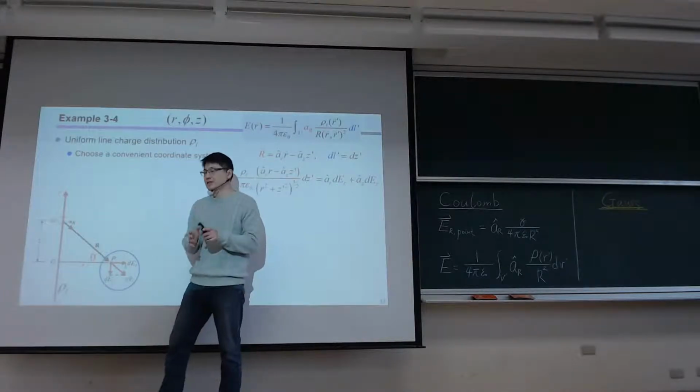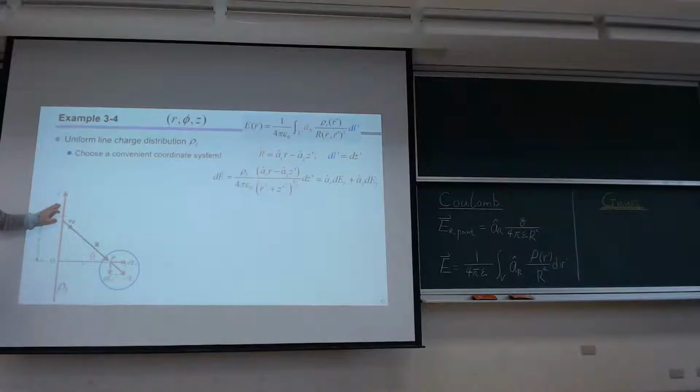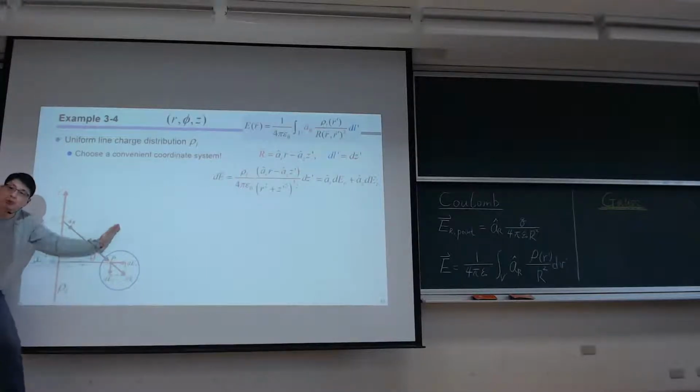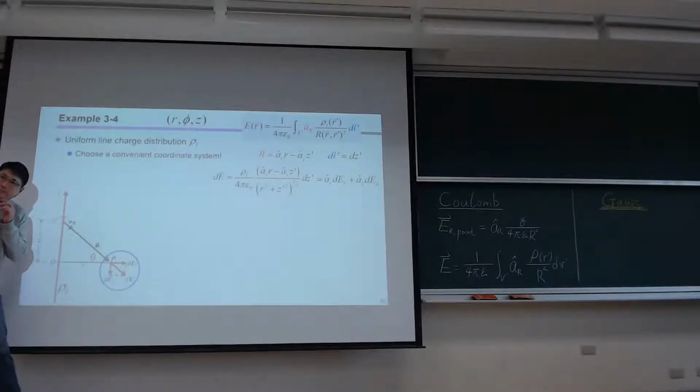But now the argument is, for every differential segment, well, on top, having the positive z prime value, I can find a corresponding differential segment at the bottom, right? Because in the end, I have to integrate all z prime positions. So I can find a corresponding, having some symmetry. So having a negative z prime value down here. And that differential segment is going to contribute a reversed z component, right?